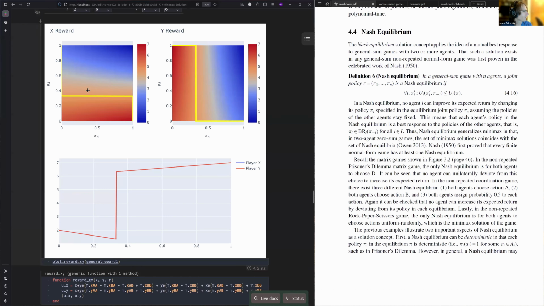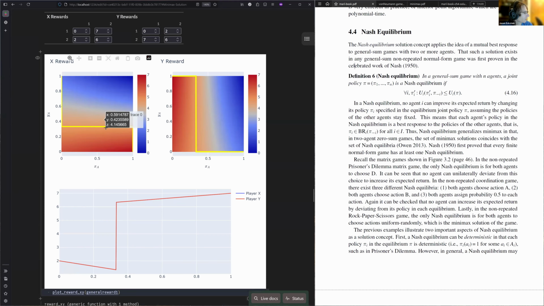This is a case where the Nash equilibrium is a mixed policy for both players. If it's not a mixed policy, then you don't get the same kind of solution. It's at an extreme point, like you see in the prisoner's dilemma. The Nash equilibrium is not a mixed policy. It's just a policy where both players defect.